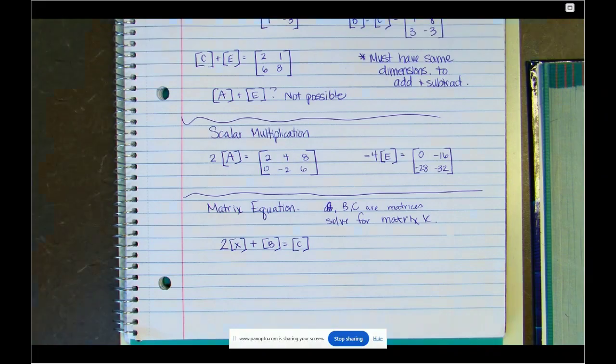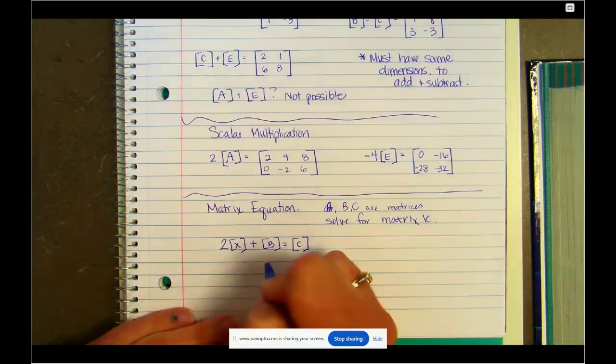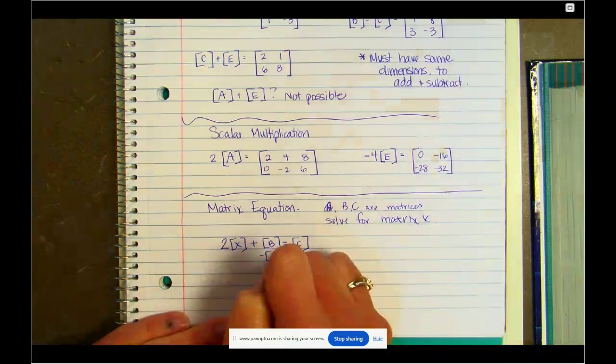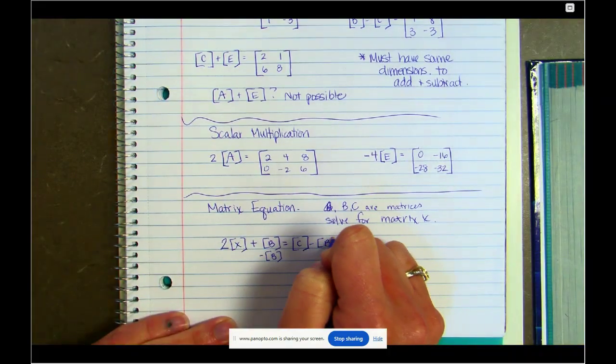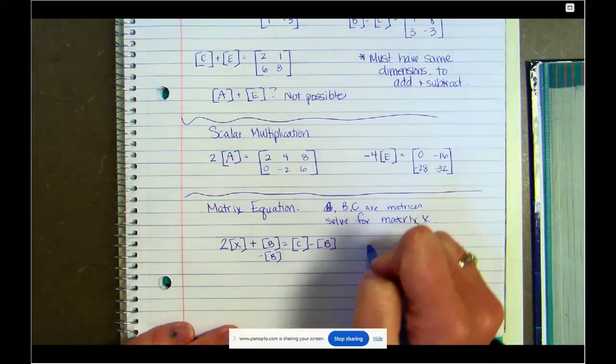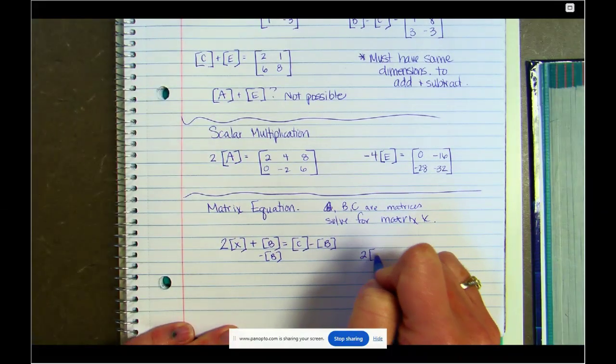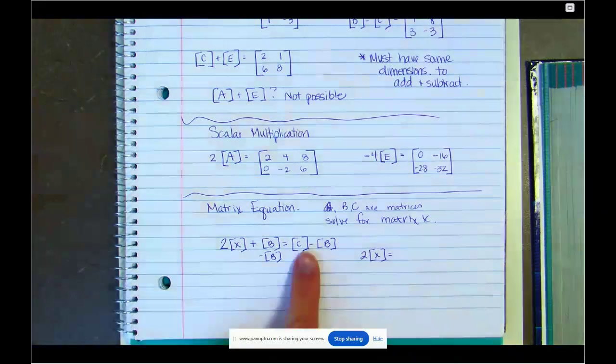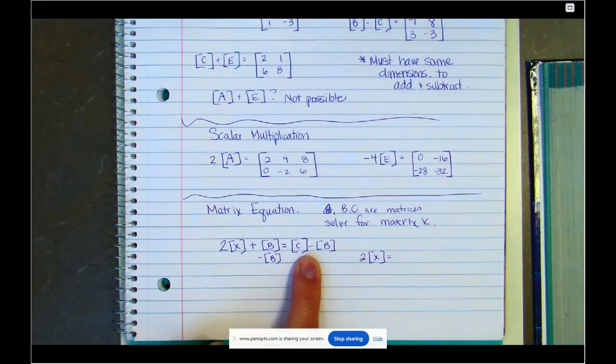So I want you to think about if it was an equation and B and C were actually numbers, how would you solve for X? What would you have to do first? You have to subtract B. So we still are operating the same way, but we now have matrices to do. So 2X is equal to, you have to figure out what C minus B is, so go ahead and do that.